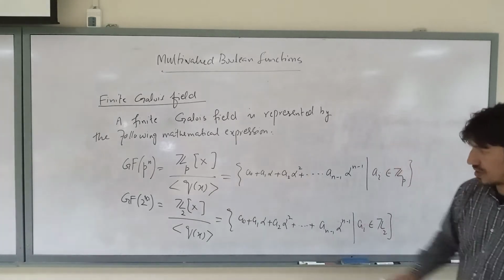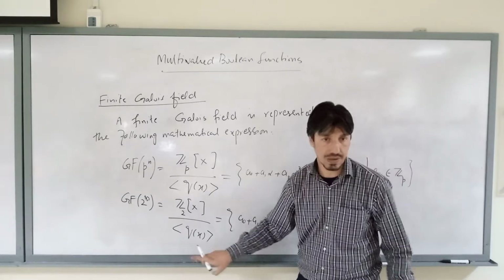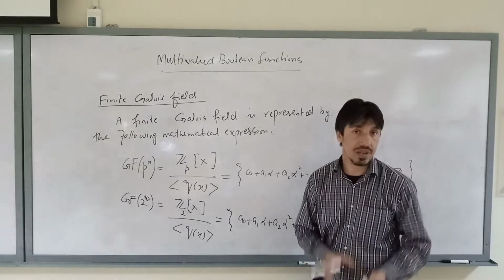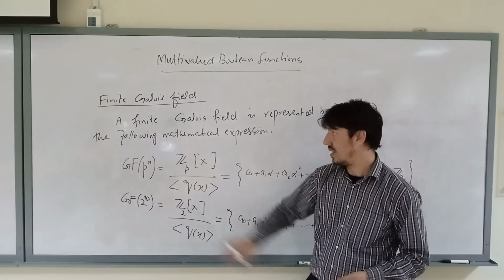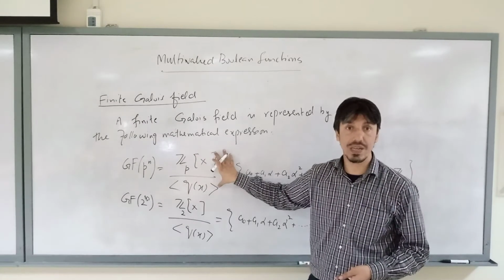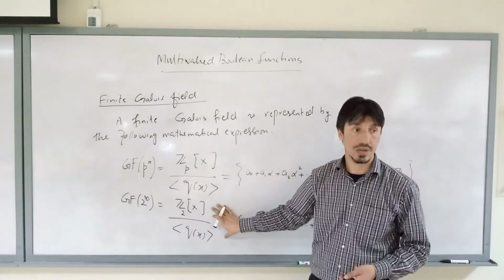So in that case, the Q of x is fundamentally a primitive irreducible polynomial over Z2. Here it is our ZP, but here this is our Z2.